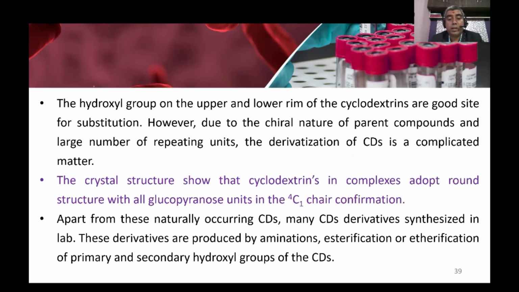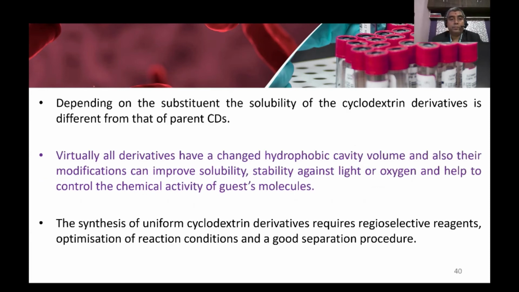Apart from the naturally occurring cyclodextrins, many cyclodextrin derivatives are synthesized in the laboratory. These derivatives are produced by amination, esterification, and etherification of the primary and secondary hydroxyl groups of the cyclodextrin. Depending on the substituents, the solubility of cyclodextrin derivatives is different from that of the parent cyclodextrin.